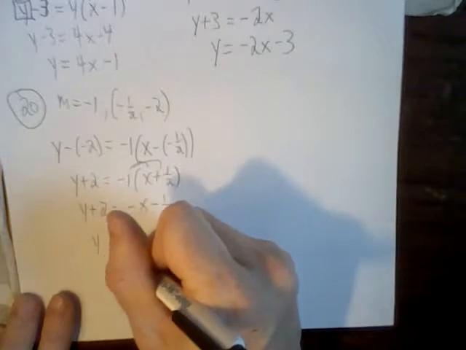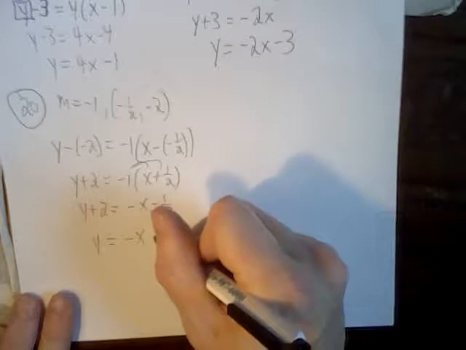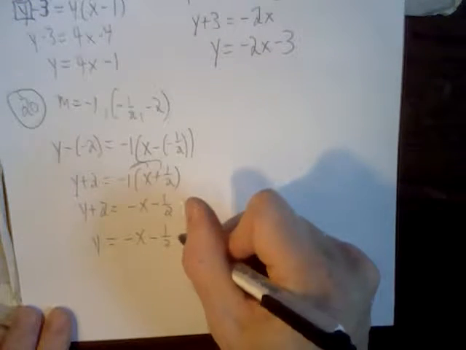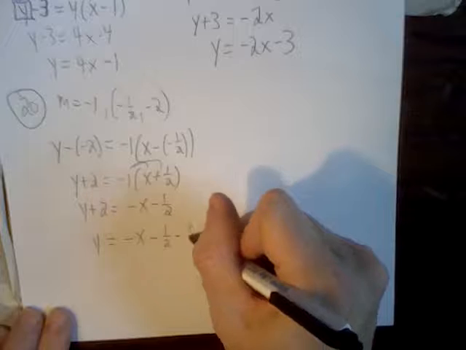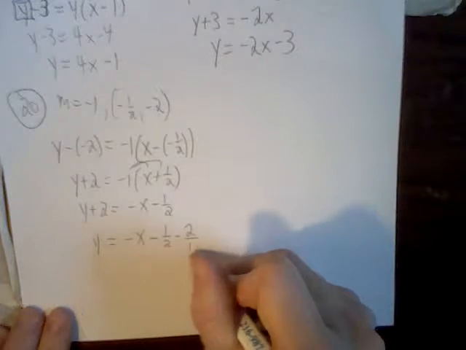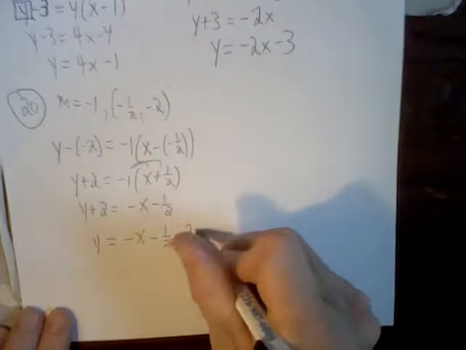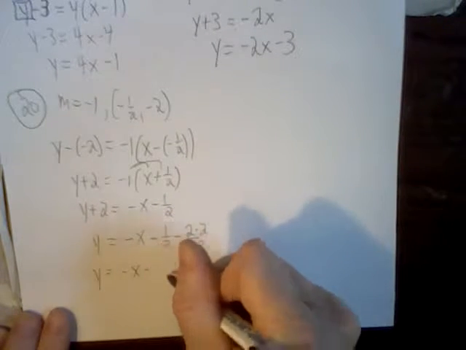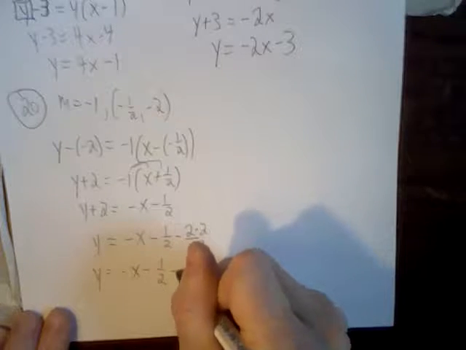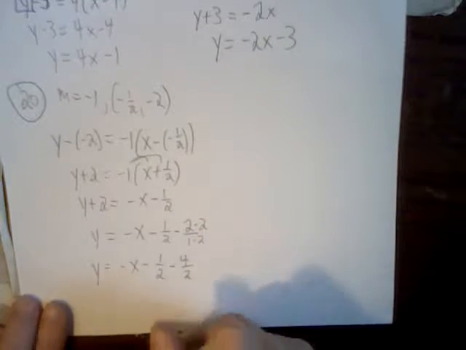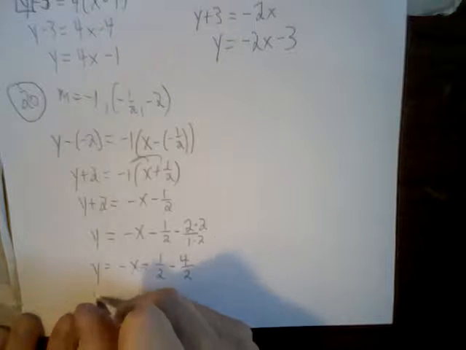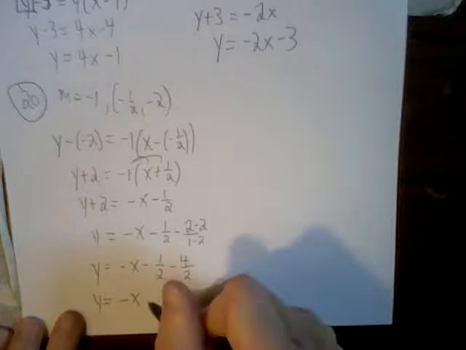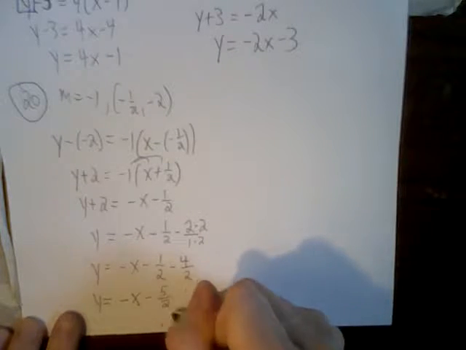Subtract 2 to the other side, so y equals negative x minus 1/2 minus 2. 2 as a fraction, you think of it as 2 over 1. Then you need a common denominator, so multiply top and bottom by 2. So you'll have y equals negative x minus 1/2 minus 4/2. Finally we can combine like terms, and we have our slope-intercept form equation, and we're good.